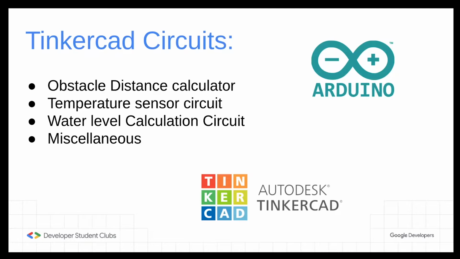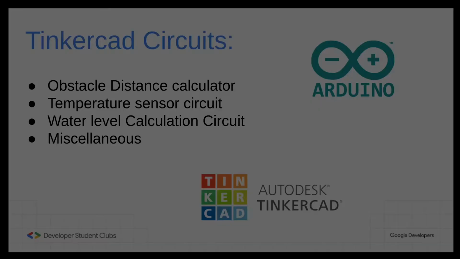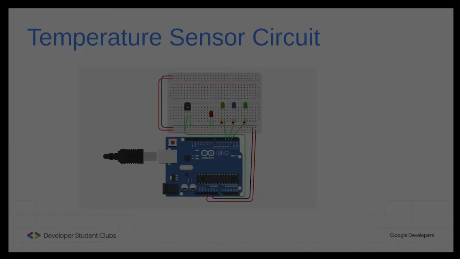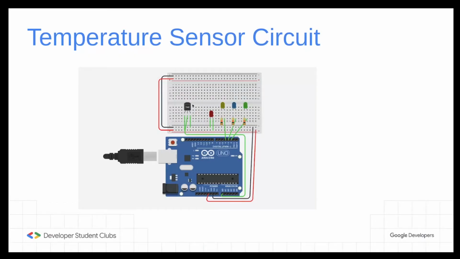We won't be directly using any water level sensor because unfortunately it's not available in Tinkercad. So we'll be demonstrating it with the help of a potentiometer and an LED. All right. So before we go on to the Tinkercad site, here is a brief image of our circuits. This here is the sensor which detects the distance of the obstacle from the sensor, and this is the second, temperature sensor circuit.